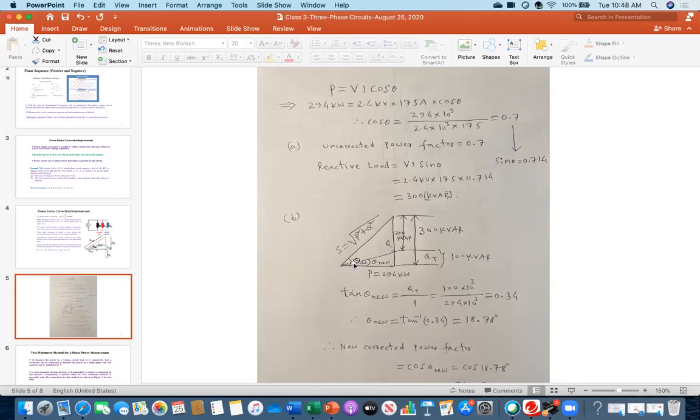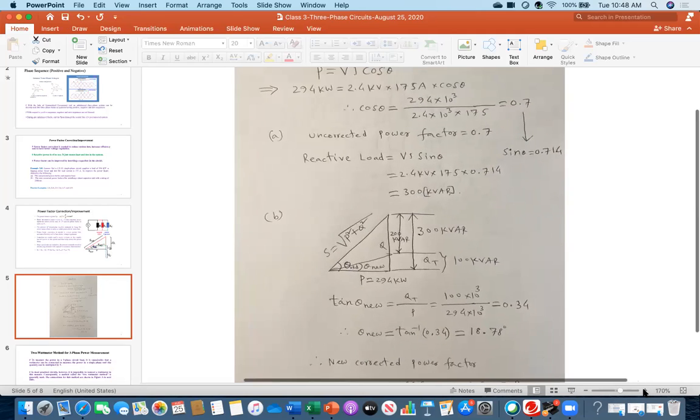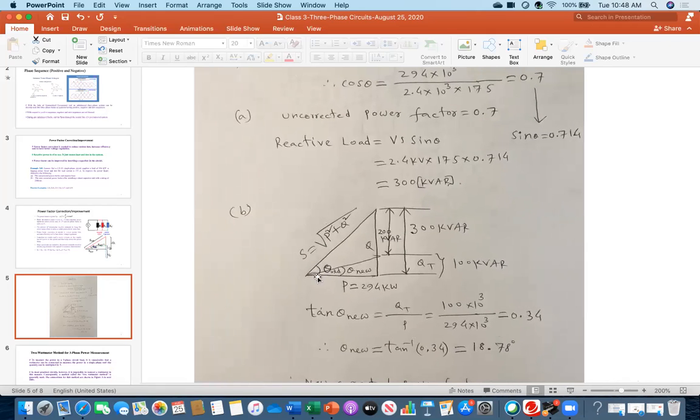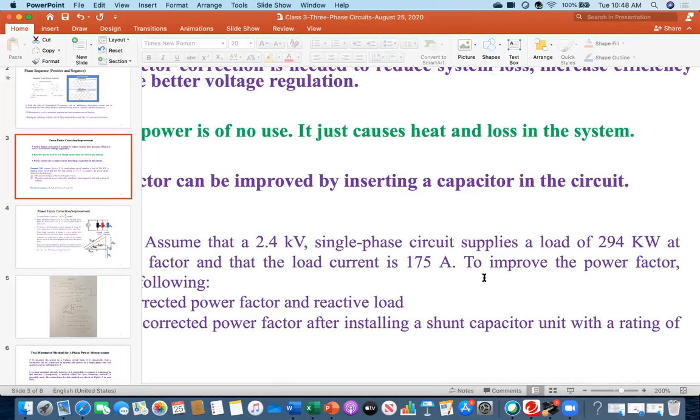And then there was one theta. I have designated it theta old. Theta old means the old or previous value with respect to this original triangle. And this was the full Q value. Now, how much is the capacitor providing?